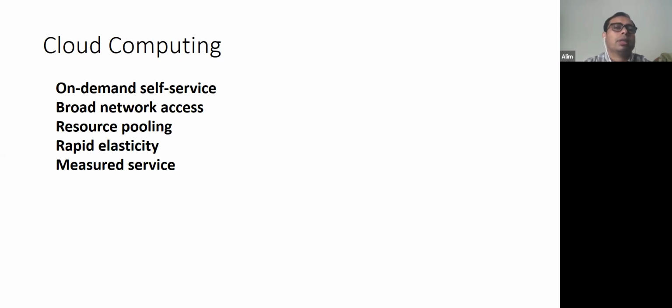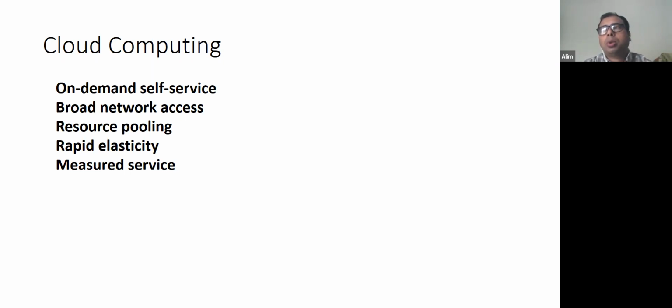So what are the characteristics of cloud computing? It has some features: on-demand self-service. That means when you need a server, you will buy a virtual machine from a service provider. Self-service means you can provision. So you need a virtual machine, or you need to install a web server.